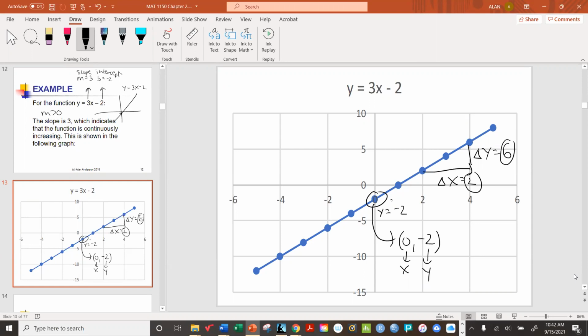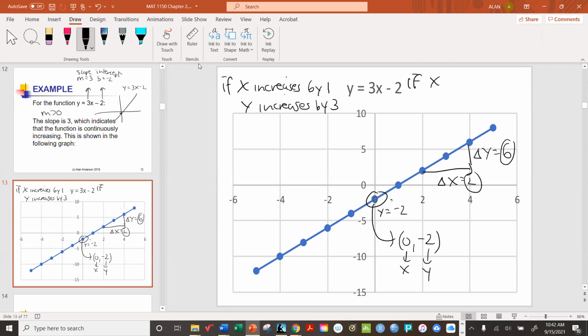Every time x goes up, the way I drew it, if x goes up by 2, y goes up by 6. But in general, we think of this as if x increases by 1, y increases by 3, and vice versa. Of course, they can decrease.